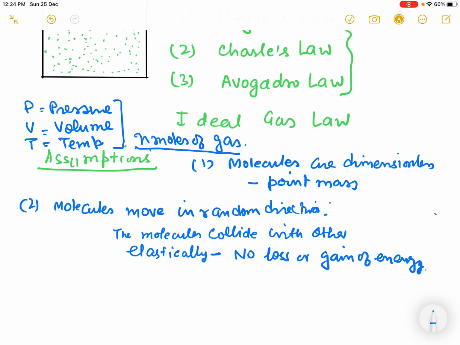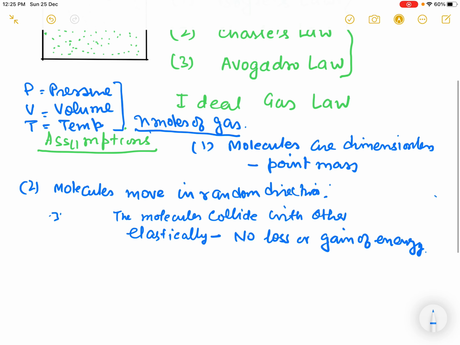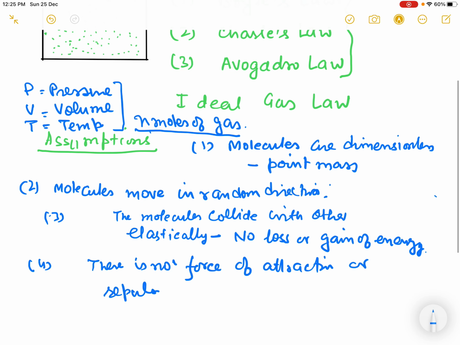This is elastic collisions. And fourth is there is no electrical force between the molecules, no force of attraction or repulsion between the molecules.